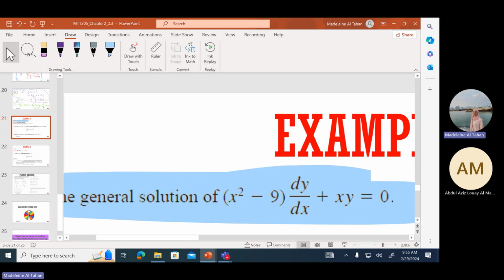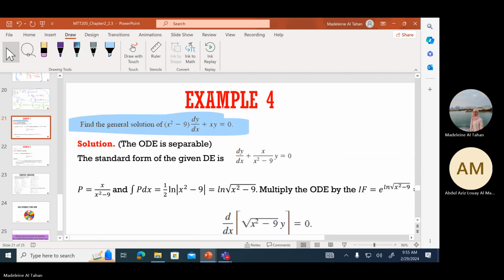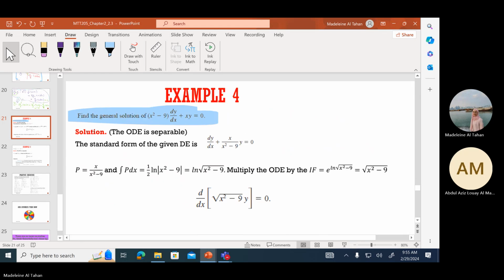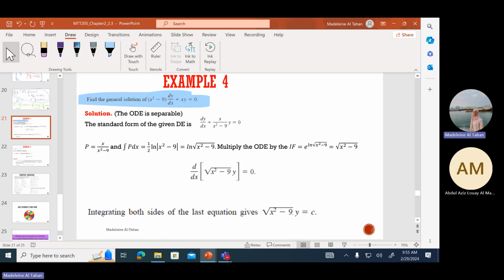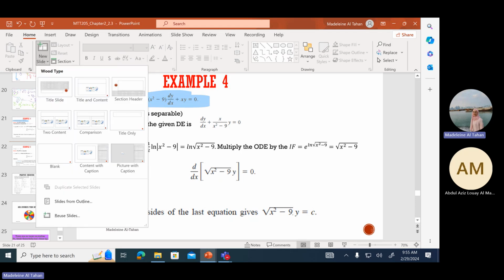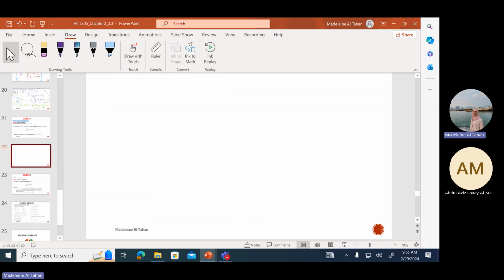Okay, so we found the integrating factor. What's the integrating factor that you found? So let's rewrite the equation again. It was x squared minus 9 y prime minus xy equal to 0.